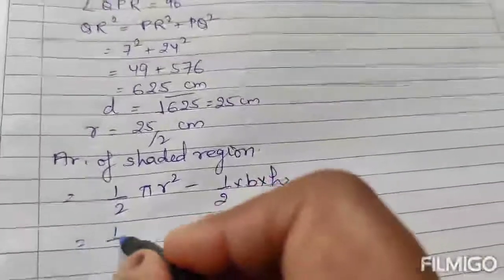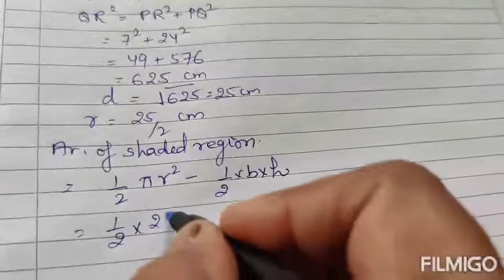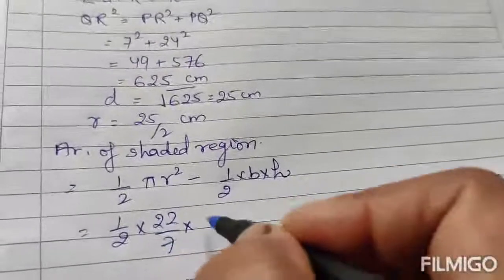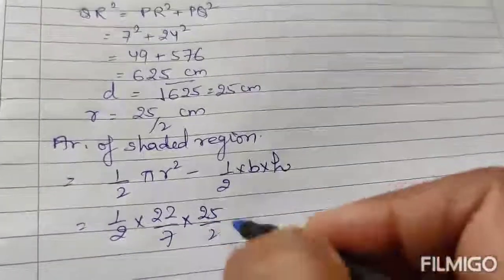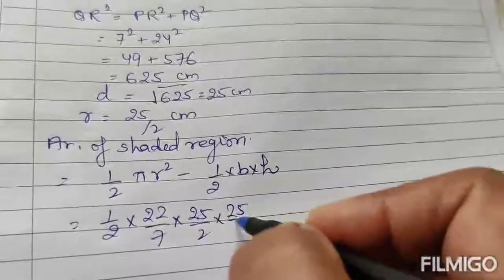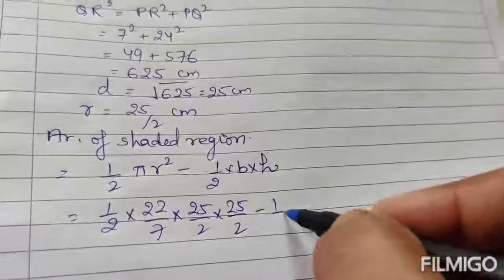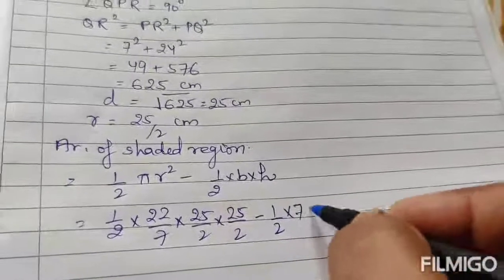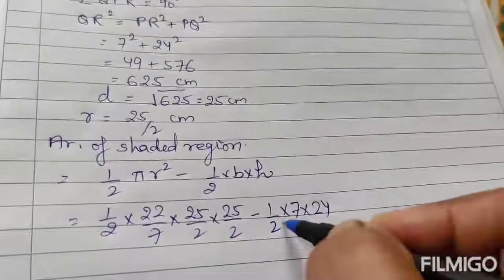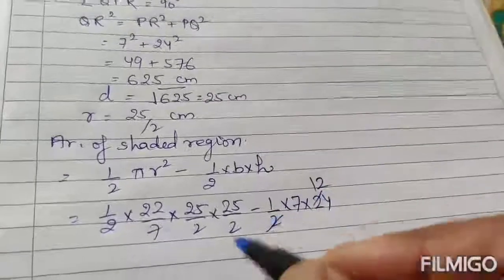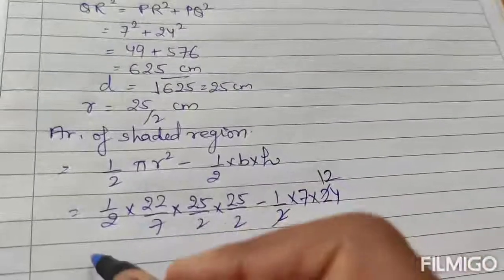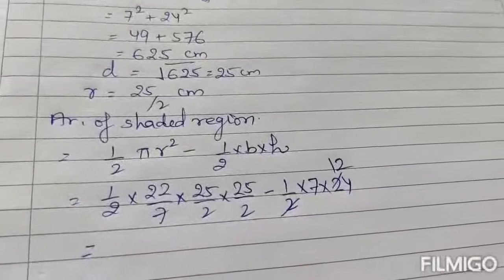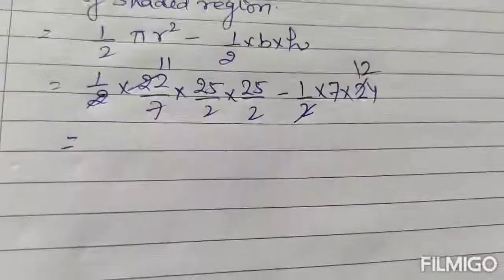Here pi equals 22 by 7 and radius is 25 by 2, minus 1 by 2 base is 7 and height is 24. Half of 7 is... and here you have to solve and find the answer like this.